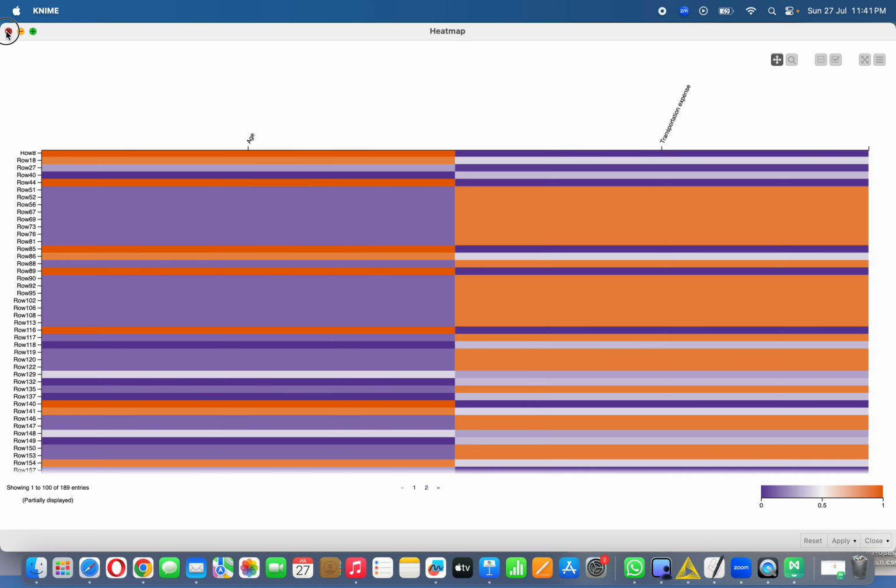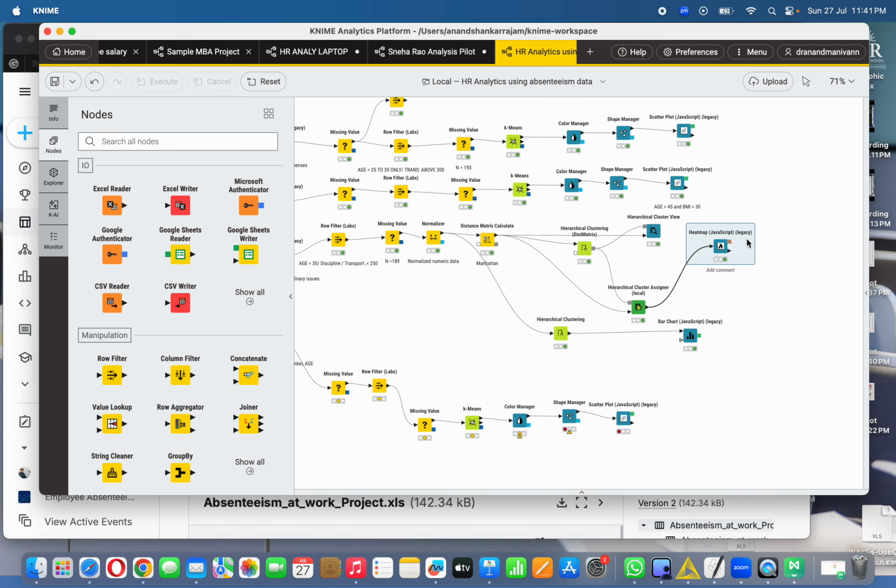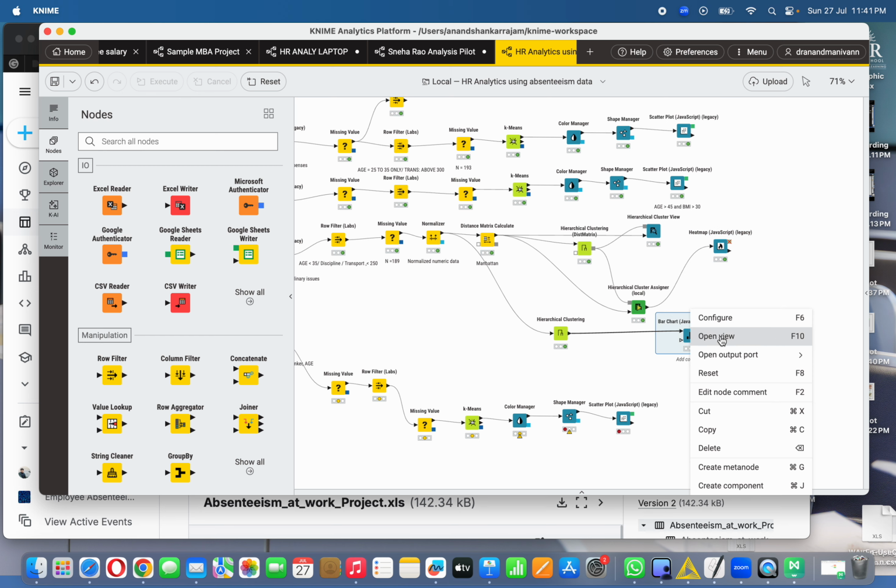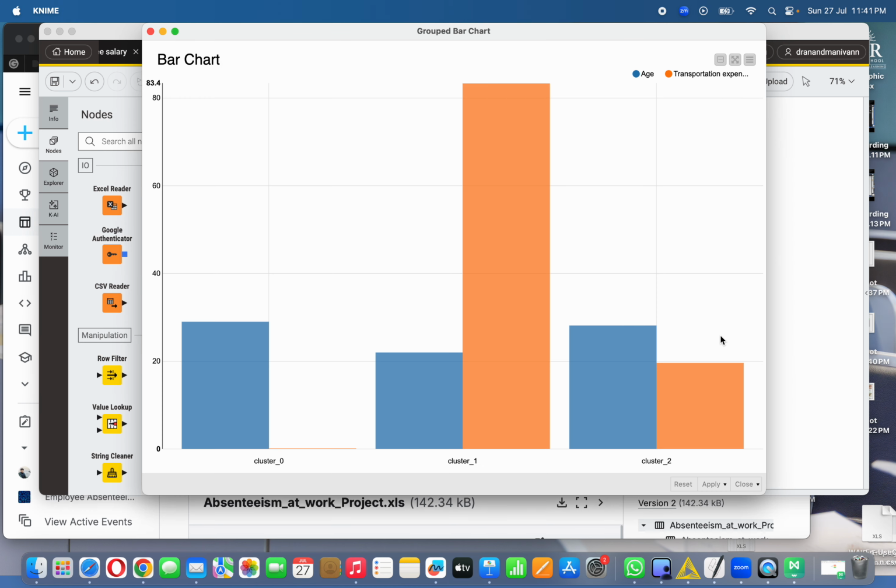Let me also showcase one of the other most important analyses, that is the bar chart. The bar chart here illustrates the average values of age, which is in blue, and transportation expense, which is in orange, for each of the three clusters, that is cluster 1, cluster 2 and cluster 3. For representation, they have been labeled cluster 0, 1 and 2, derived from the hierarchical clustering process.